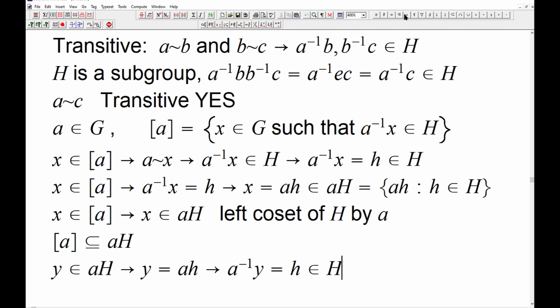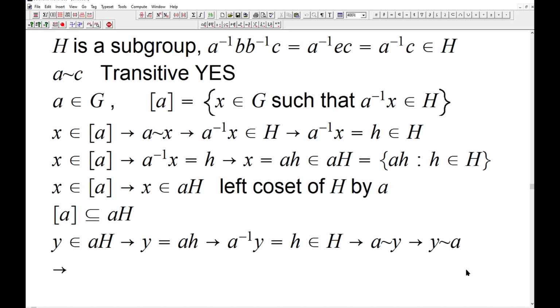So what that will mean is that A is related to Y, and I took the wrong symbol, okay, which automatically means Y is related to A, all right, and that will mean that Y is in the equivalence class of A because here Y is related to A, right?